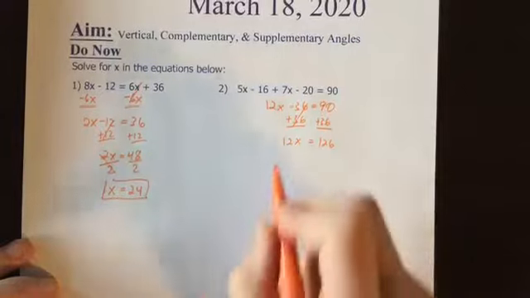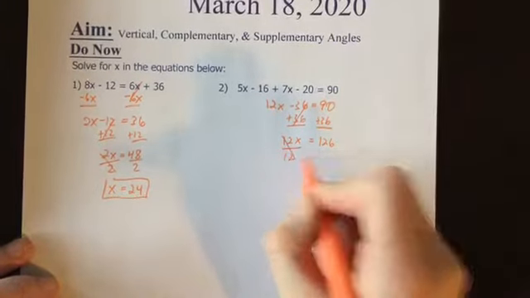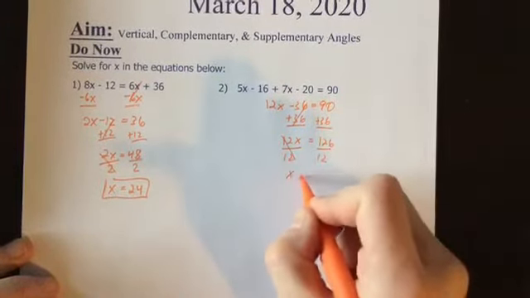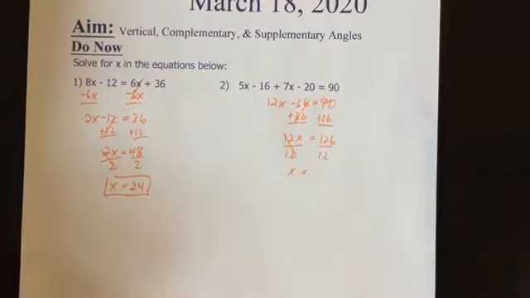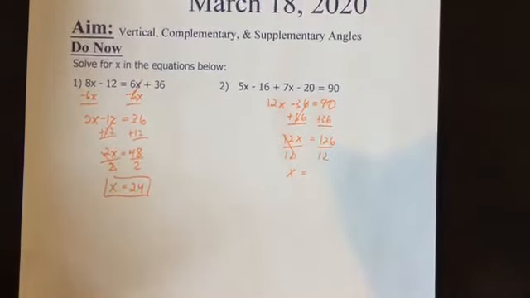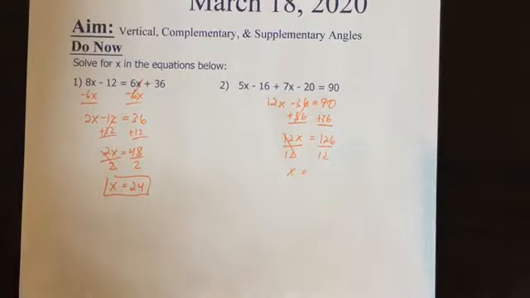126. We'll divide both sides by 12 here, and x is equal to, right now we have the fraction 126 over 12. I know that's not going to go in perfectly, so we can just reduce, or we can make it a mixed number. Let's see.